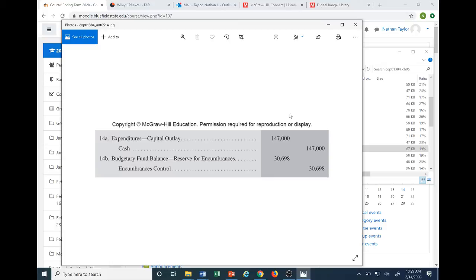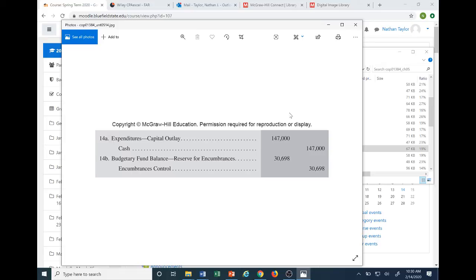So of this, let's go ahead and reverse what we had encumbered, with a debit to budgetary fund balance reserved for encumbrances of $30,698 and a credit to encumbrances control for $30,698. Because remember, it said that invoices for goods and services previously encumbered in the amount of $30,698 were received, and $30,500 was what was approved for payment. On top of that, $116,500 was not encumbered for additional construction expenditures.